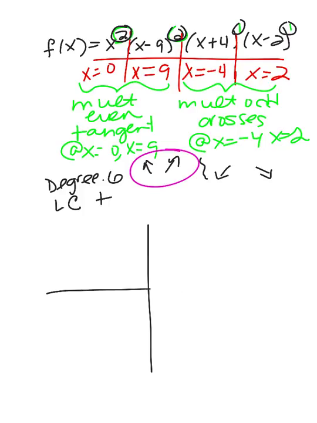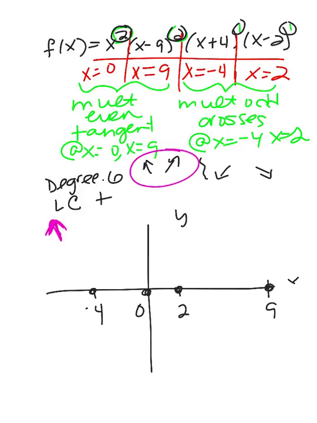Okay, so I'm going to draw a picture now. So I have positive 9, I have 0, I have 2, and I have negative 4. I know it's going to be up, up, so it's going to come down this way and have my arrow pointing up.